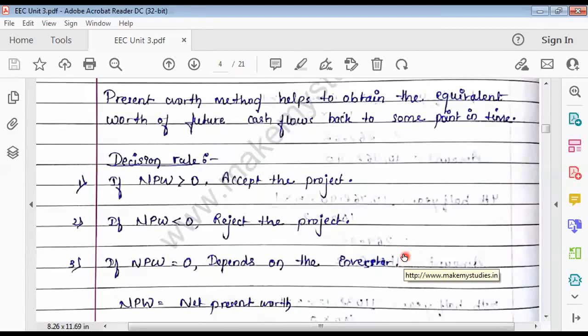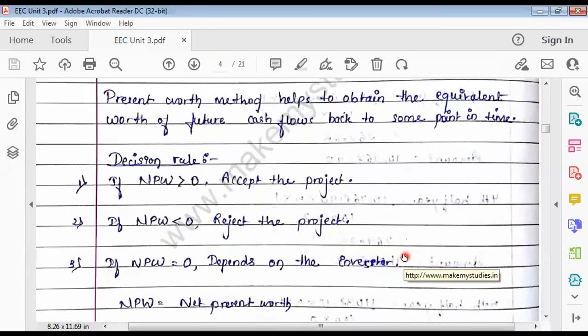If NPW is greater than 0, your answer should be yes, the project should be accepted. Like the way the question is asked, yes, the project should be accepted, or yes, this machine should be purchased, yes, this investment should be made, that kind of answers. So answer in positive if your NPW value is positive. Then second one, if NPW is less than 0, reject the project. Answer in negative if your NPW is negative.